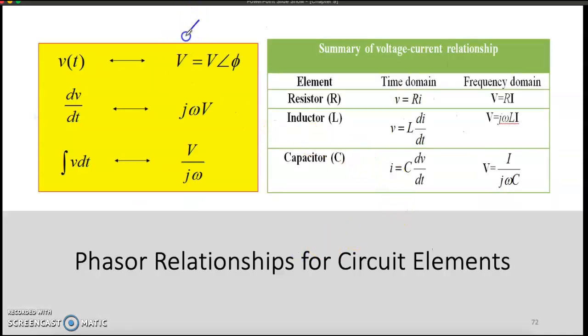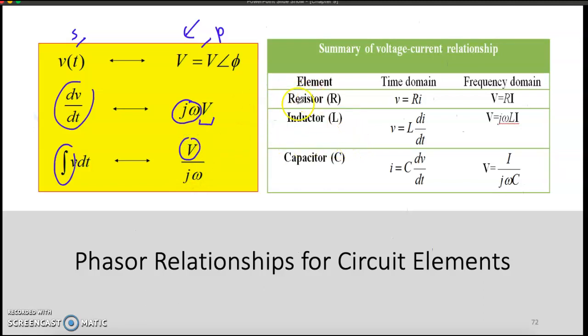As you learned before, this is the sinusoid form and this is the phasor form. If you differentiate, you add j omega in the phasor form multiplied by V. But if you integrate, you divide by j omega.